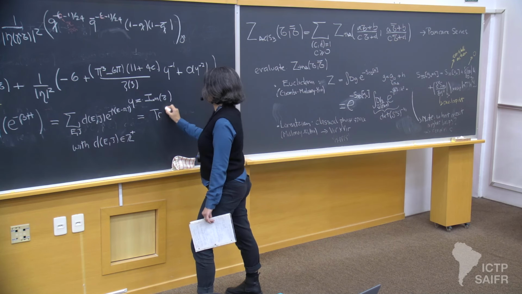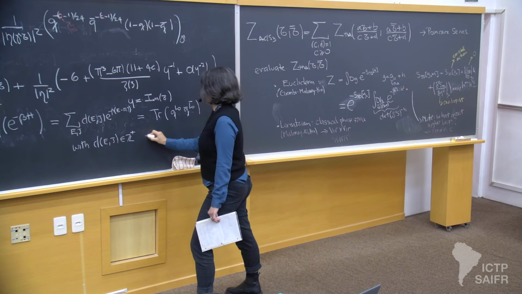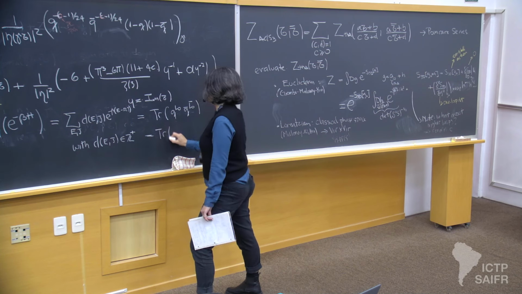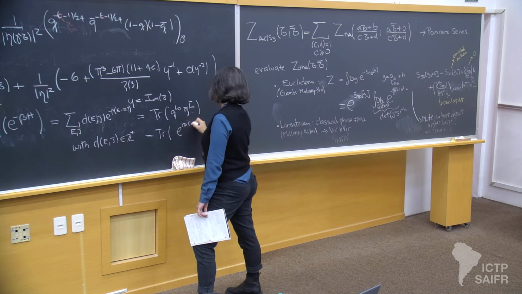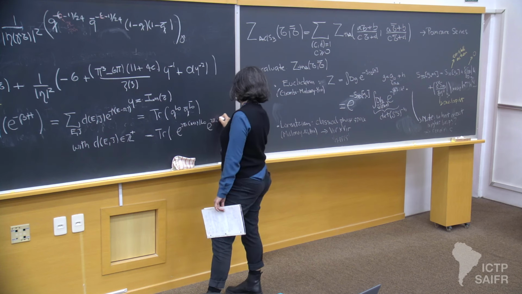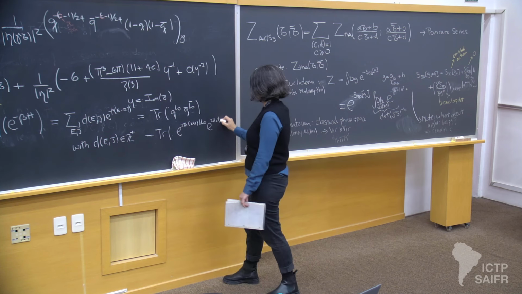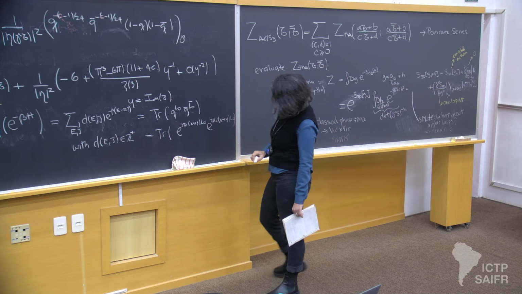Okay, so if I write it as trace of Q to the L0 plus Q to the L0 bar, then this will be trace, where Q is e to the 2 pi i(x plus iy) times some eigenvalue, e to the 2 pi i(x minus iy) times some eigenvalue.